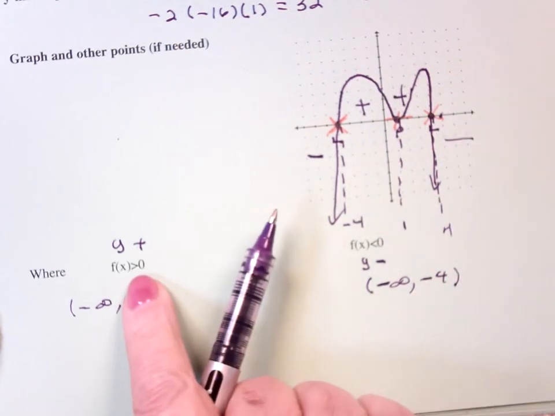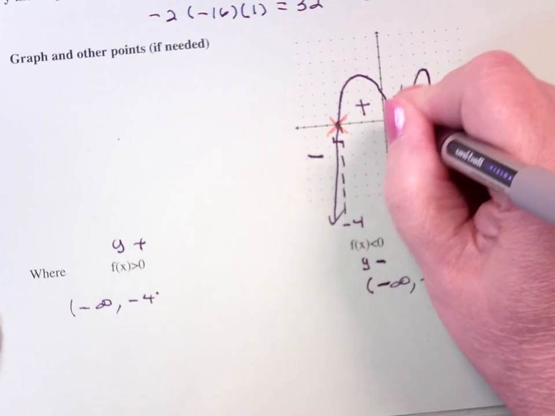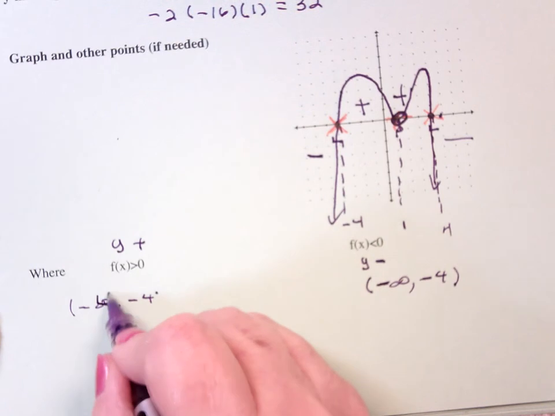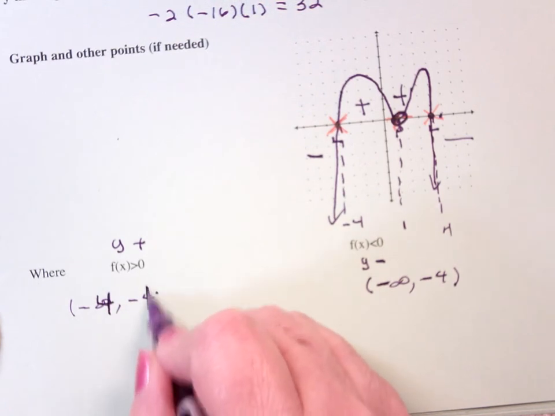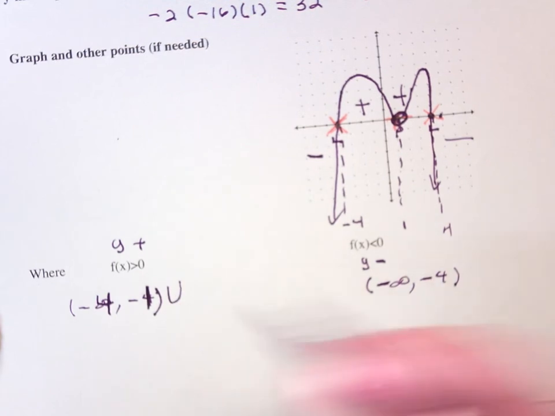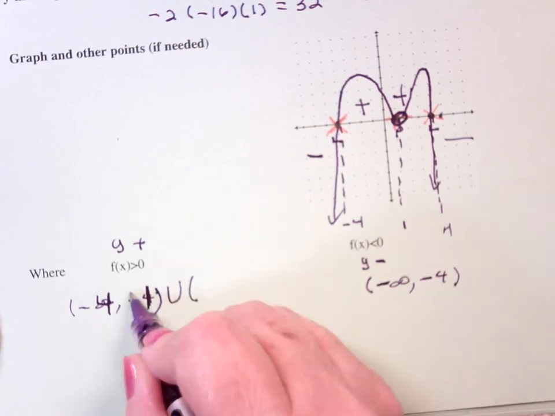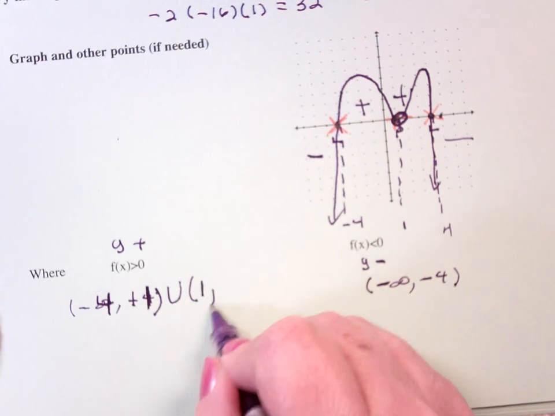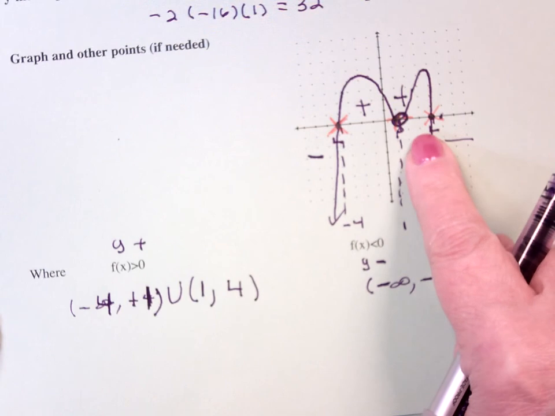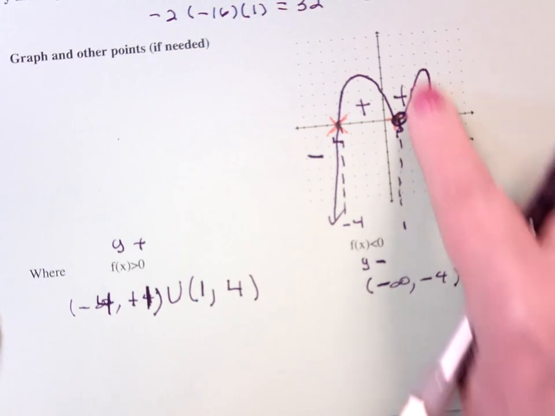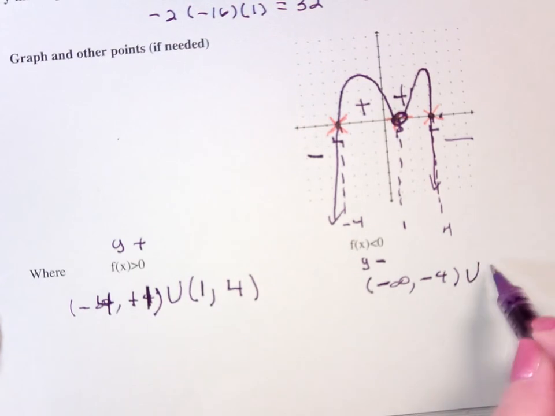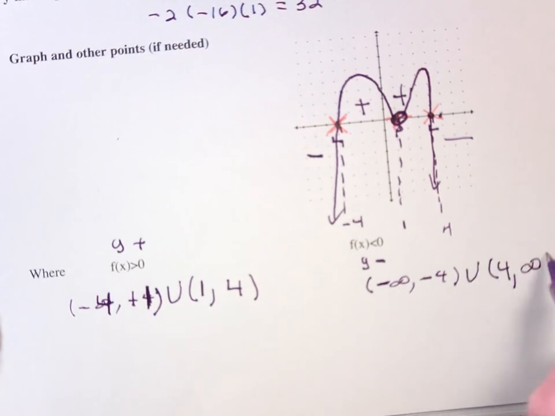Now it's not equal to, so it does not include 1. So it's going to be negative 4 to positive 1. Because the graph touches, it will be positive 1 to positive 4, positive, positive. Then the graph crosses, I'm going to move back to negative from 4 to infinity.